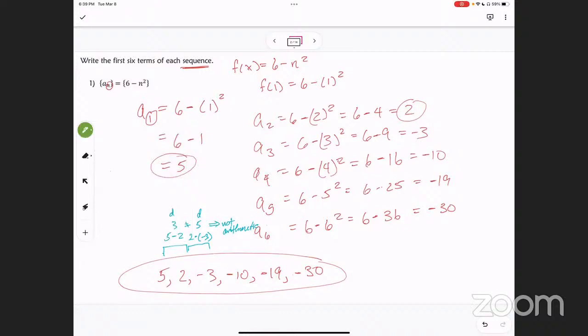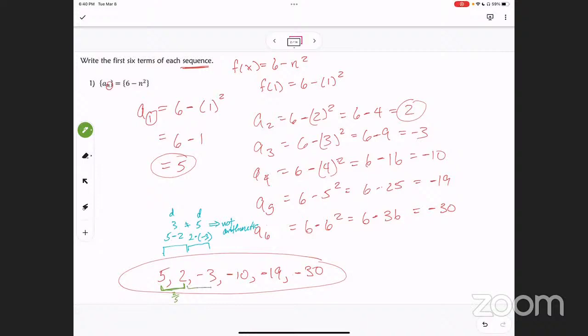Okay, yeah. And then to find out if there's a common ratio, you're basically saying, does 5 times r equal 2? In other words, the ratio between these is going to be 2 divided by 5.